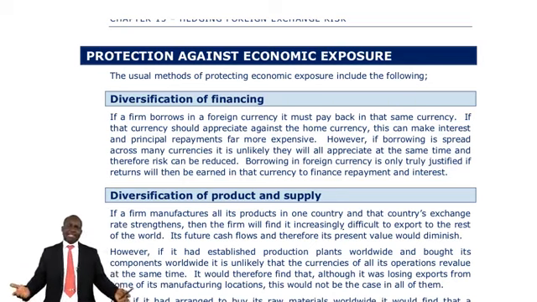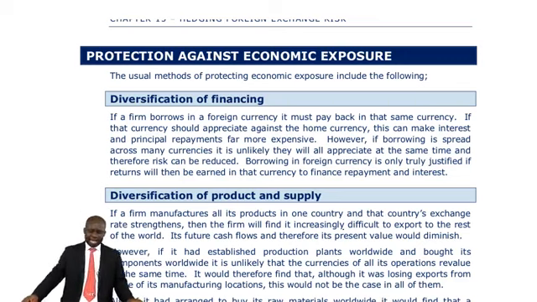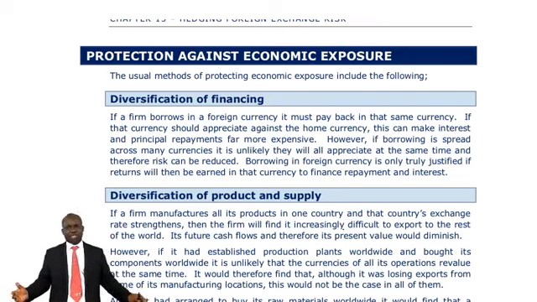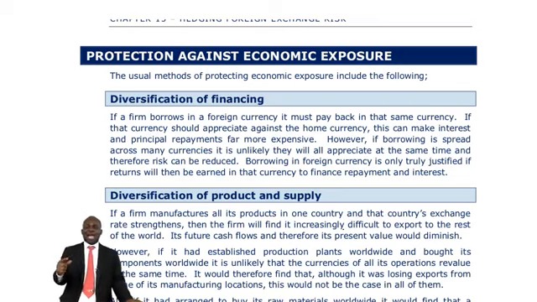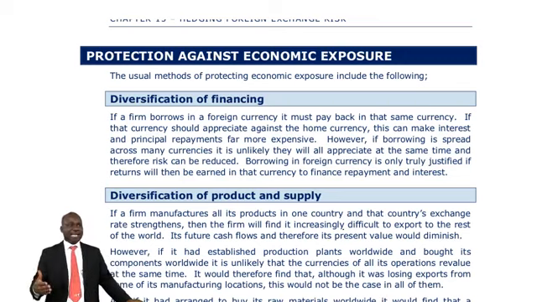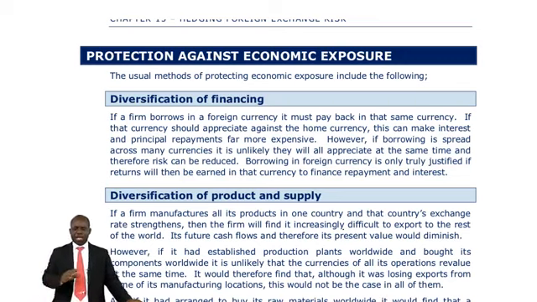Okay, and that is what is called diversification. So the magic word you would have to remember when the examiner asks you how can you protect against economic exposure is what is called diversification.